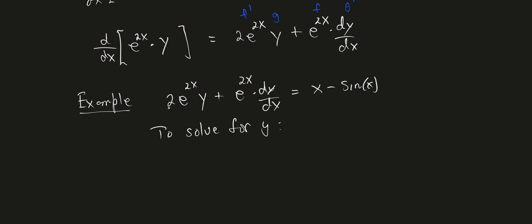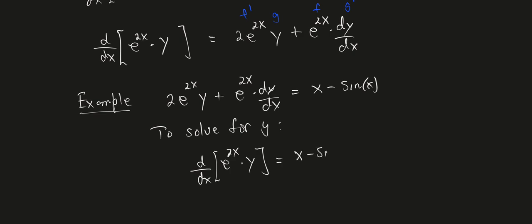Let's take the left-hand side and write this as the derivative of e to the 2x times y, and then just bring down what's on the right, because I'm not changing anything on this side of the equation. I'm just rewriting this, recognizing that pattern as far as reversing the product rule.